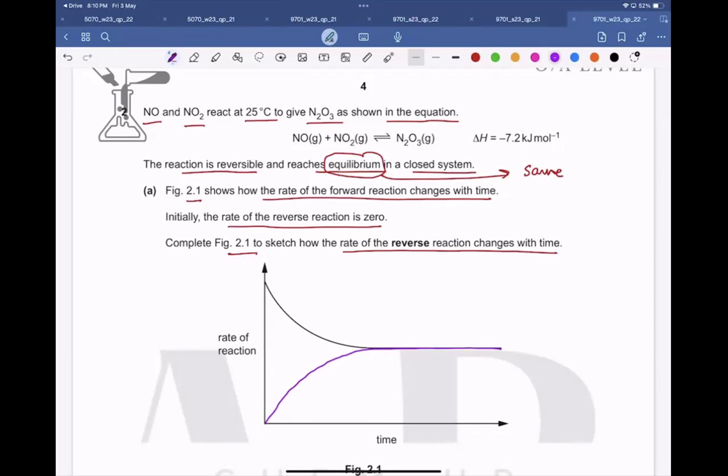We have to make the horizontal line at the same level because they have mentioned that it's equilibrium, and at equilibrium we know that the rate becomes equal for the forward reaction and for the backward reaction, right?